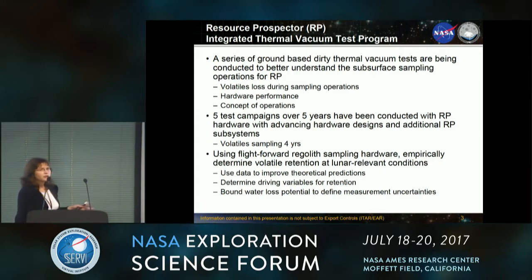So the overall goal of the program is to use flight-forward Regolith sampling hardware and empirically determine volatiles retention at lunar relevant conditions. So this data feeds into theoretical predictions, our numerical models. We're also trying to determine the driving variables for water retention and to bound the water loss potential that there might be to define measurement uncertainties for the actual mission.